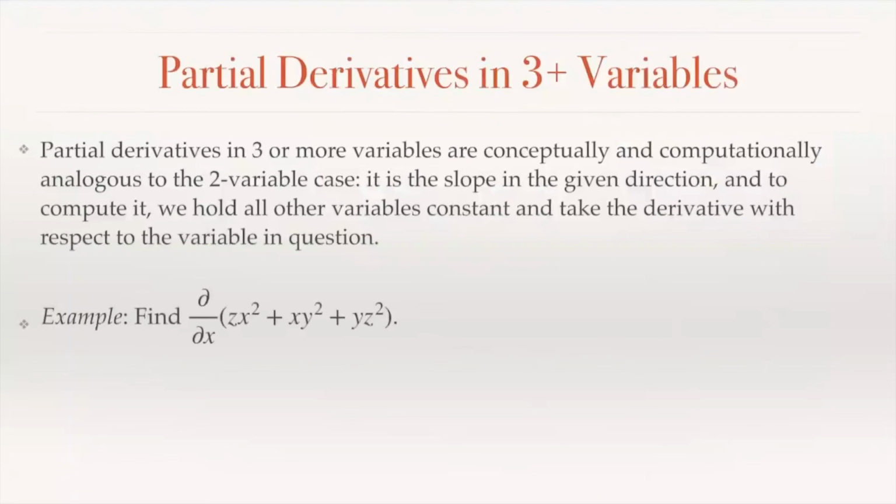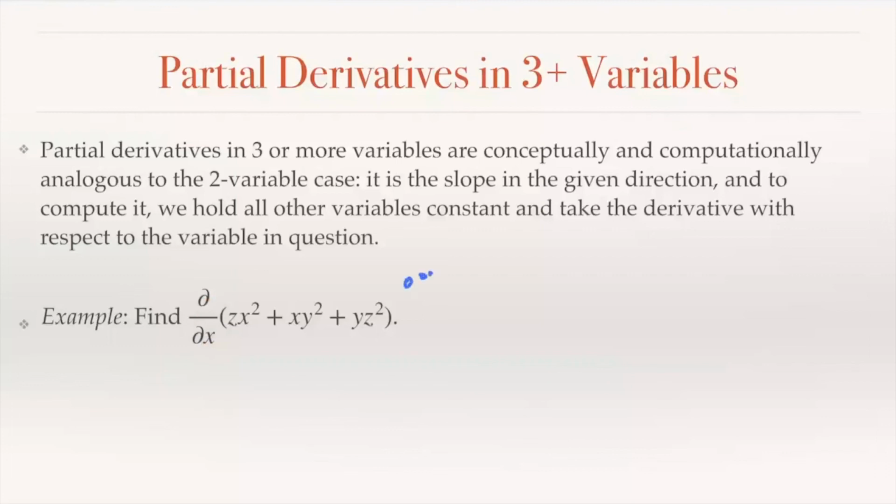Now we can also take partial derivatives in 3 or more variables, and it works exactly the same. It means that now we are imagining that every other variable other than the one with which we're taking the partial derivative is a constant.